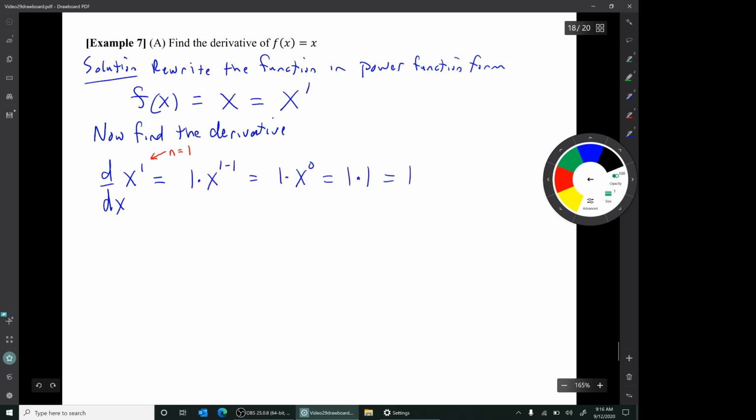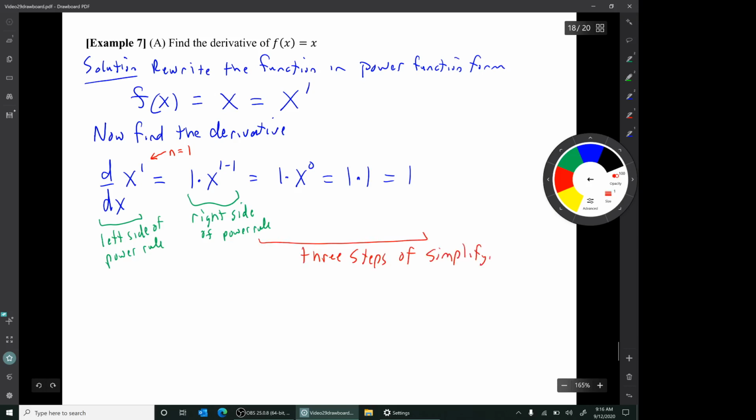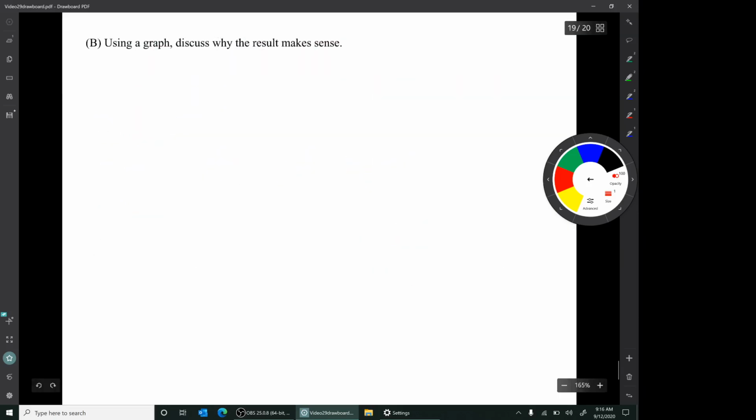So the same format, left side of the power rule, which has a d over dx and does not have any arithmetic, followed by the right side of the power rule, which does not have the d over dx and has some arithmetic going on. And then we have 3 steps of rewriting. That's question A. Question B is, using a graph, discuss why the result makes sense.